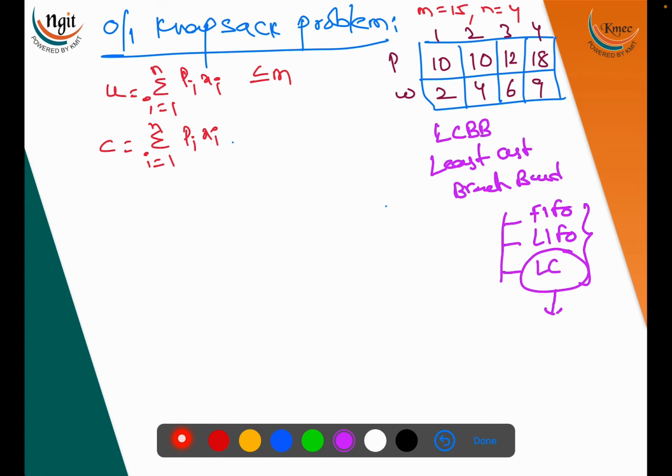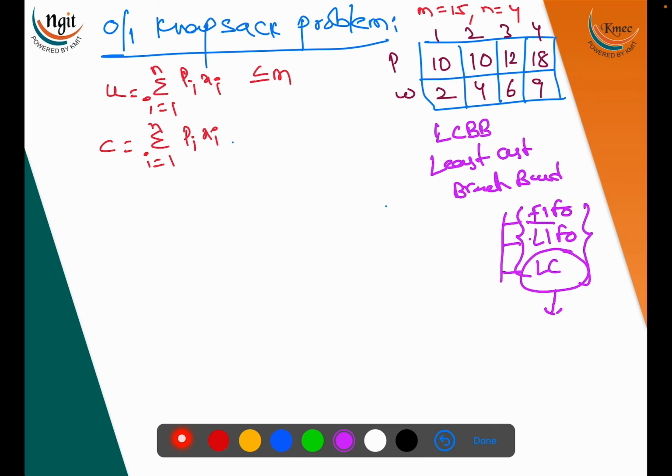If you have a question in the examination to take FIFO and solve the 0/1 knapsack problem, yes, you can do it. If you have a question with LIFO, that also you can do. That is the reason in the previous video on branch and bound we took one problem and solved it with these 3 techniques, so you can follow those algorithm techniques and apply them over here to find the solution.